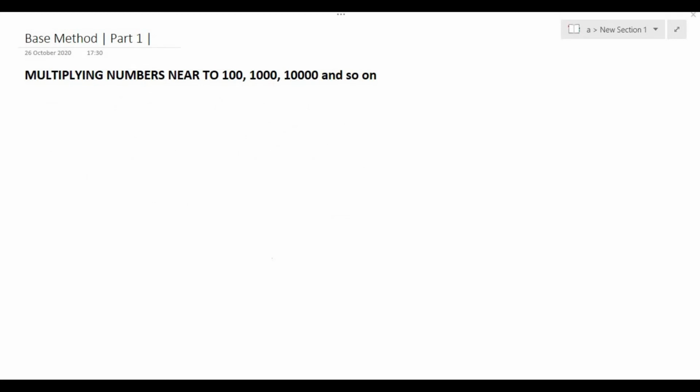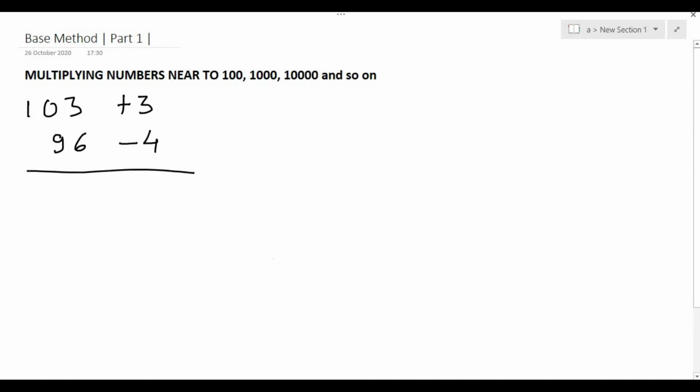So now let us consider one number which is above 100 and one number which is below 100. Here I'll consider 103 into 96. This method is a bit different but easy. We'll follow the same way first. We'll take plus 3 and minus 4. We'll multiply these two to get minus 12. What we'll do here is the same way, 103 minus 4, which is 99.